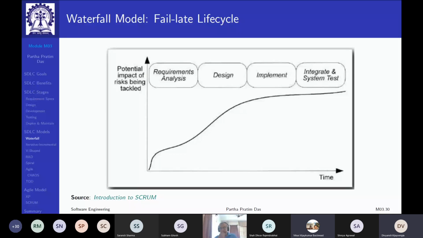That is, you have the tests being done only at the end, and then customer verification, customer validation, user acceptance is done after that. So naturally, the bugs or errors are often detected much later, which has a lot of impact. Risk becomes very high in that.